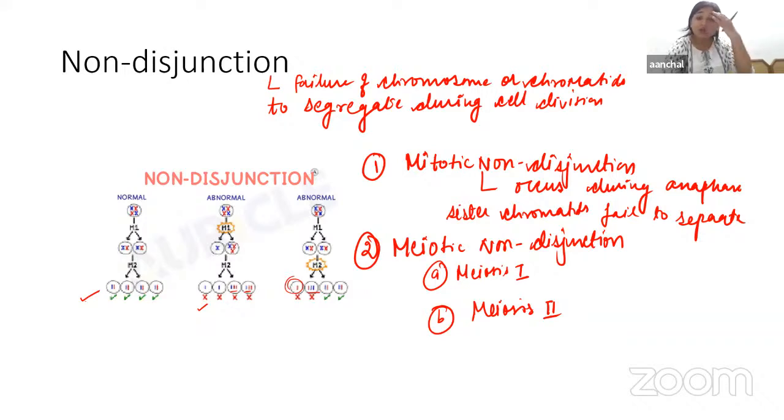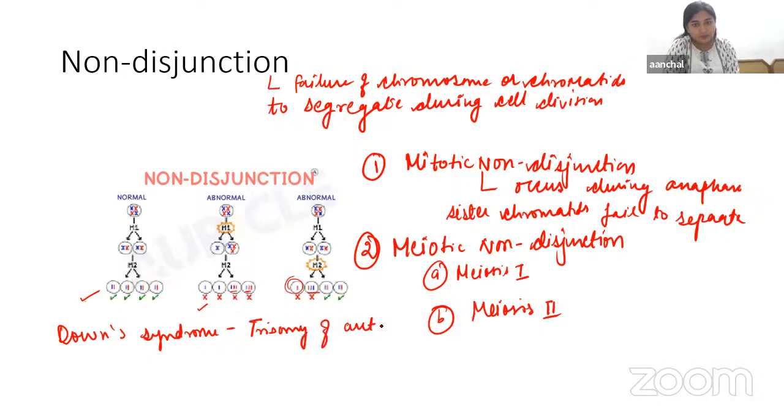Now, what are the examples of non-disjunction? Some examples we're also going to learn, like Down syndrome. What is Down syndrome? This is the trisomy of autosomes, means chromosome 21 only.